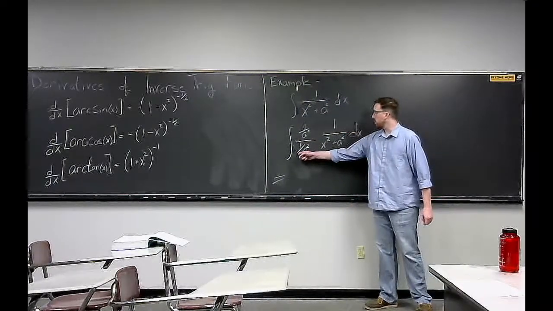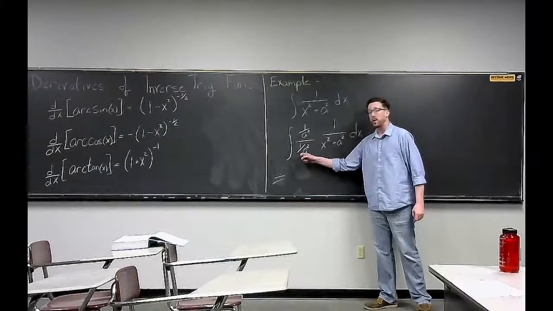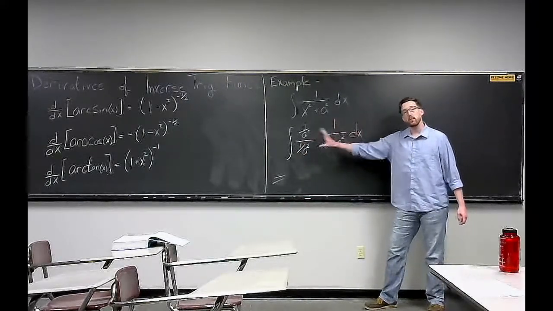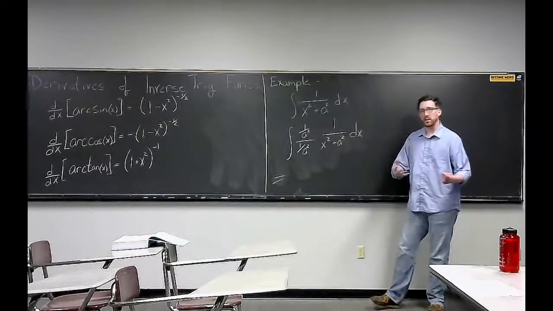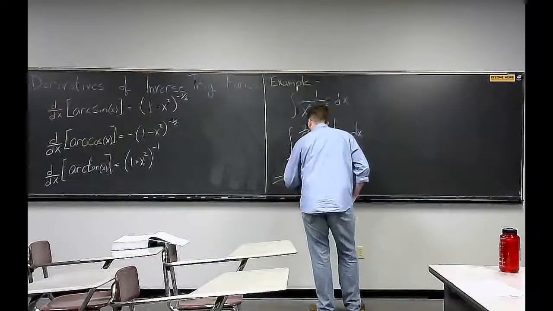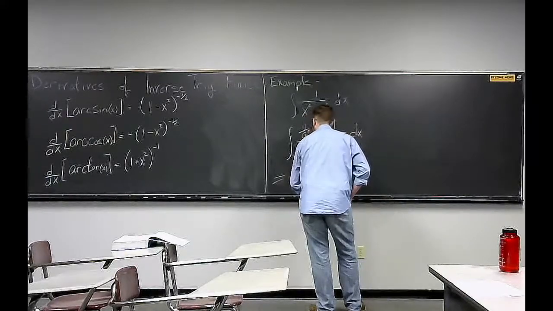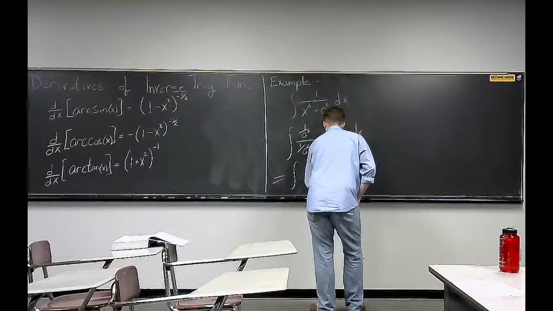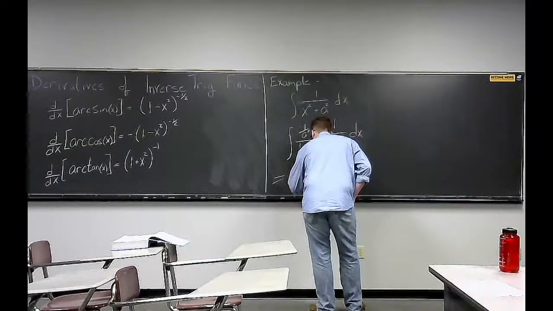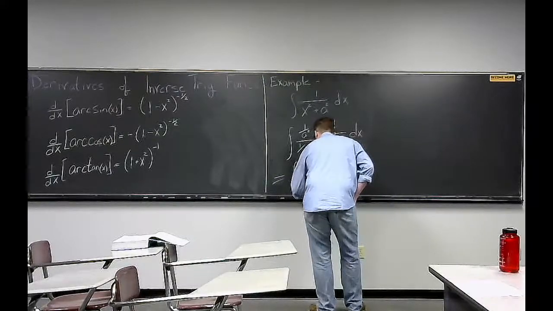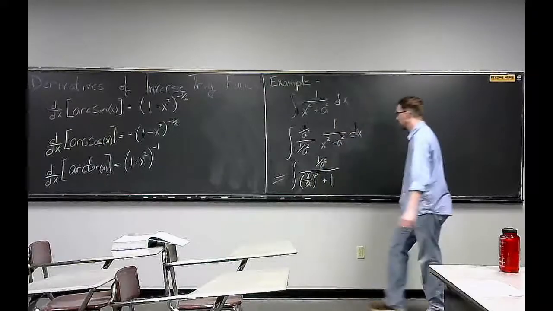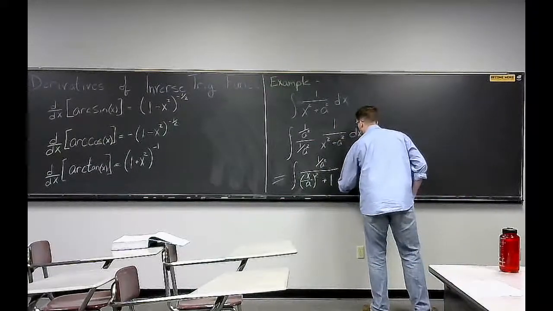We could distribute this 1 over a squared in the denominator across this denominator, right? Once we distribute all of this, we're going to get some things that we can work out. See what that looks like. This is going to give us 1 over a squared over the quantity x over a, that quantity squared, plus 1, integrated with respect to x.